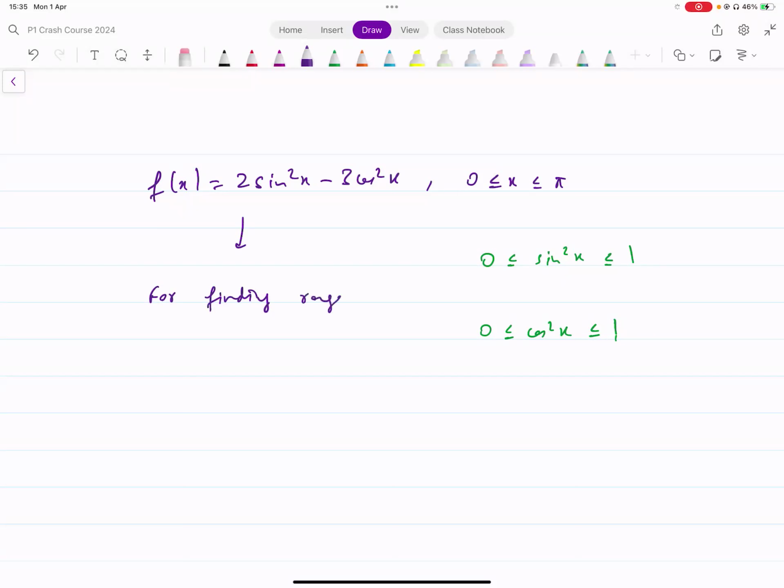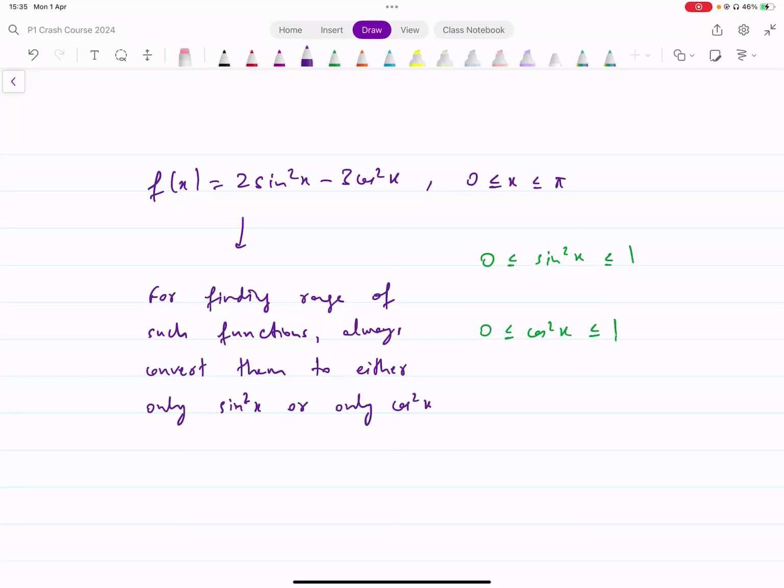For finding the range of such functions, always convert them to either only sine square x or only cos square x first. Only then will you be able to find the range of this function. You can't find the range of the function without converting it to one function first. Okay?